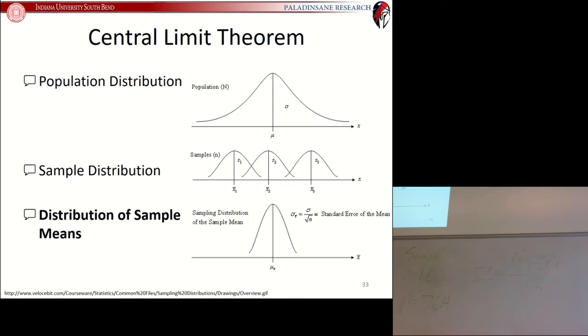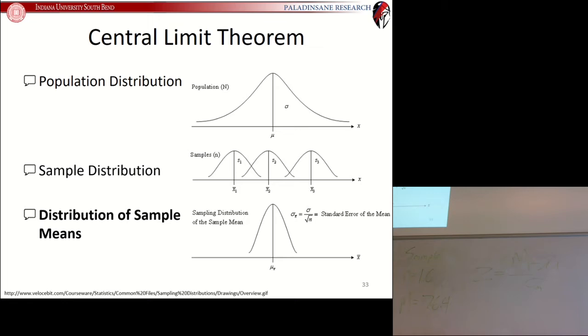So what you need is, you don't use your population numbers ever going forward. Population numbers do not get used in that formula over there. What you need to do is figure out your distribution of sample mean numbers. The easiest one is your distribution of sample means.